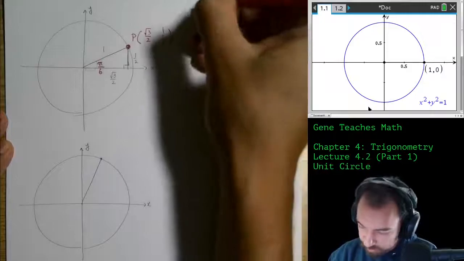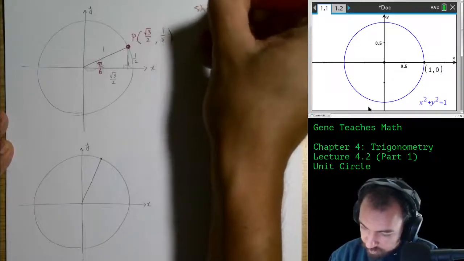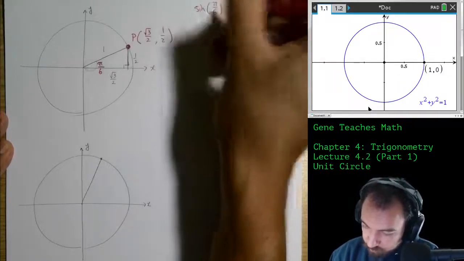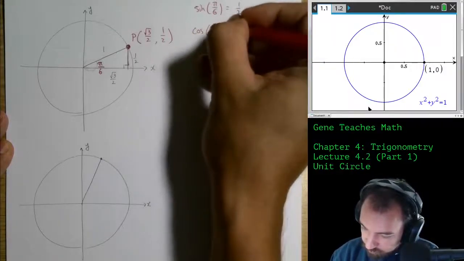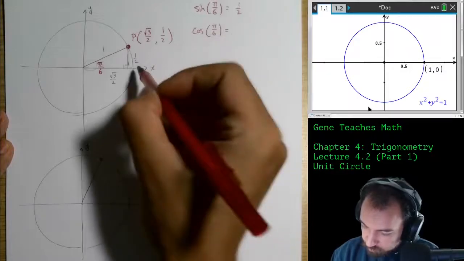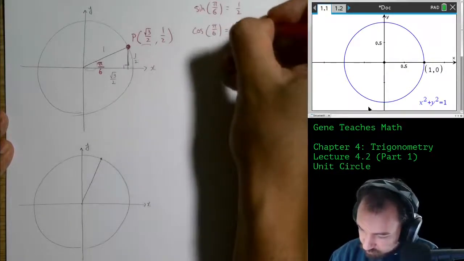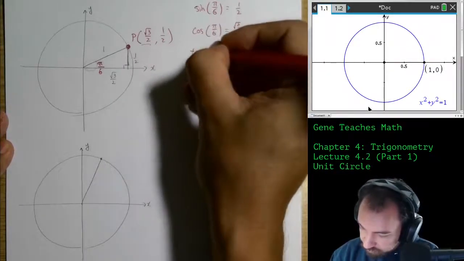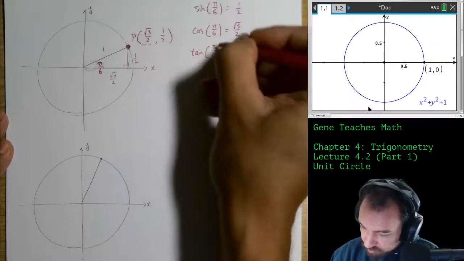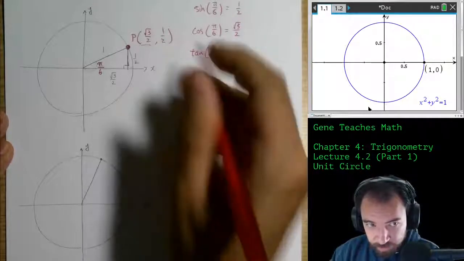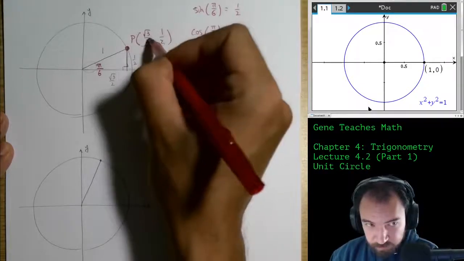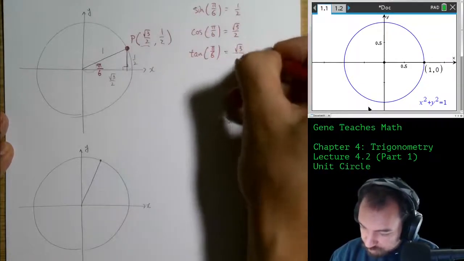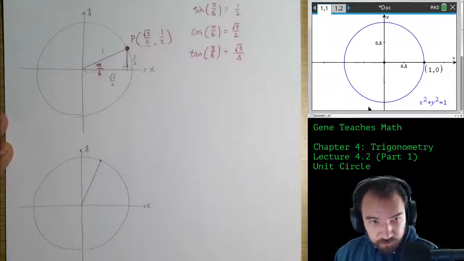So we could find sine of pi over 6, that would be the y-coordinate, 1/2. We could find cosine of pi over 6, which would be the x-coordinate, that's square root of 3 over 2. We could find the tangent of pi over 6, which is the y-coordinate divided by the x-coordinate. That becomes 1 divided by root 3, which we can rationalize the denominator to make root 3 over 3.